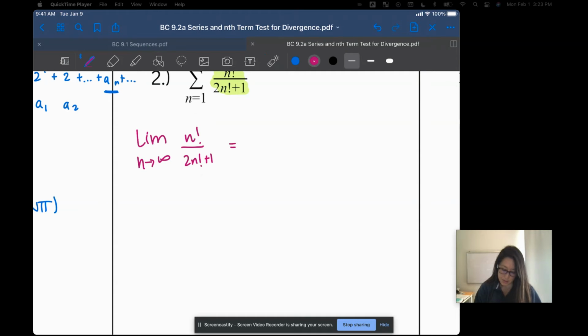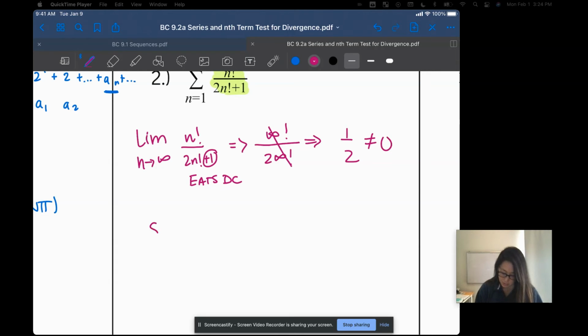So what's going to happen is we're going to end up with infinity factorial over 2 times infinity factorial. The 1 is so small it doesn't matter. Okay, so the infinity factorials cancel. Remember, they're increasing at the same rate. So I end up with 1/2, which does not equal 0.